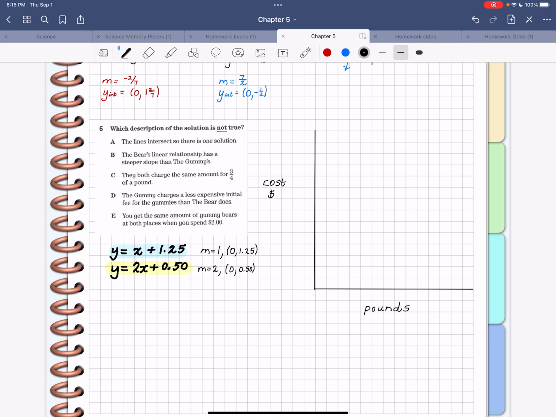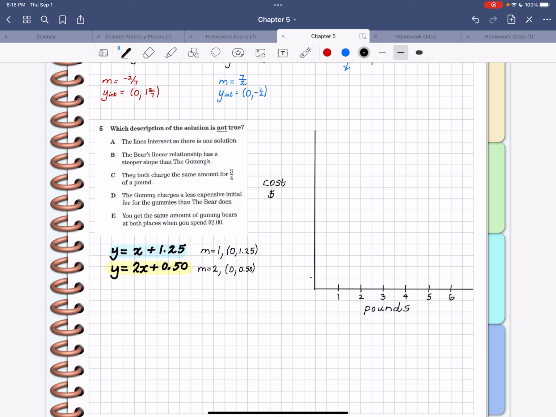For pounds, I'm just going to use a scale of 1, so I have 1, 2, 3, 4, 5, 6.